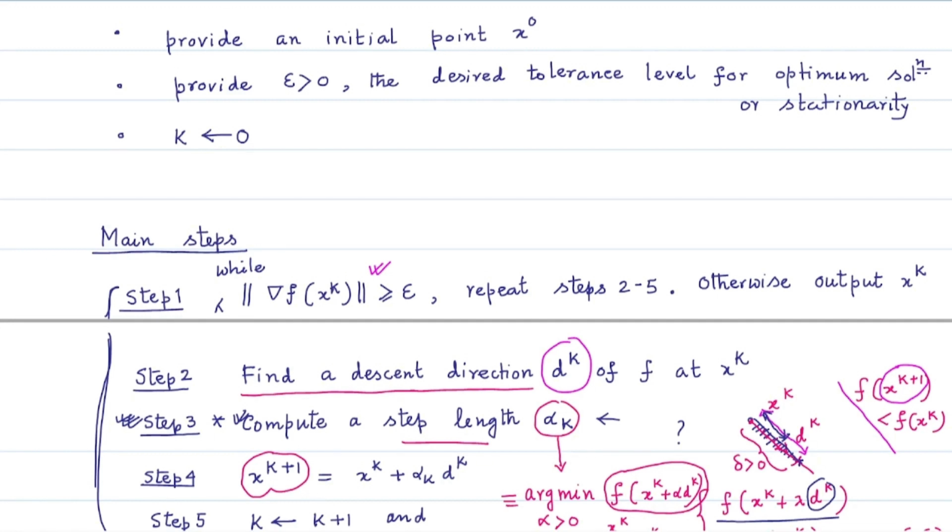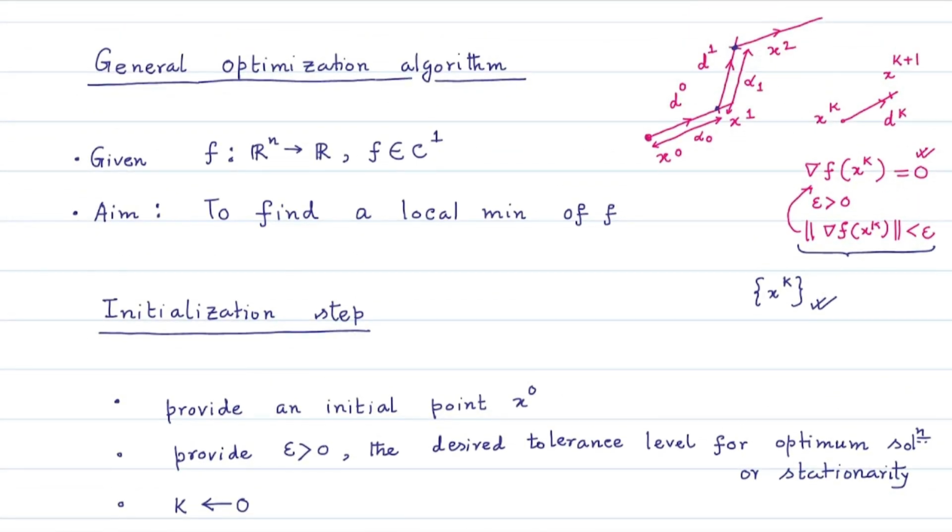Before that, let me tell you that in the general optimization algorithm, as we employ step length along the descent directions and hence get the function values degraded from the point x0 to x1, then further degradation from the point x1 to x2 and so on, we also call this general optimization algorithm a general descent algorithm.